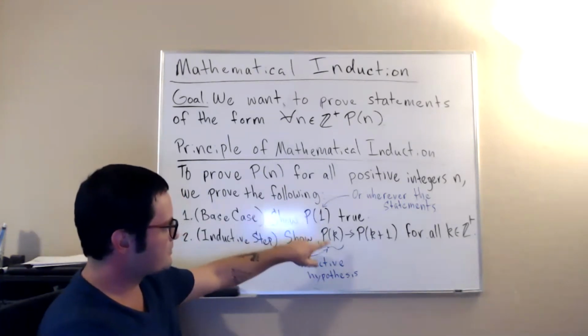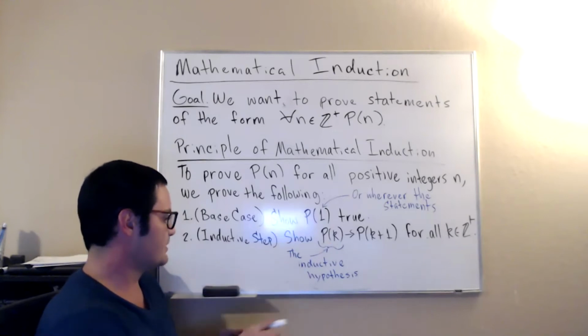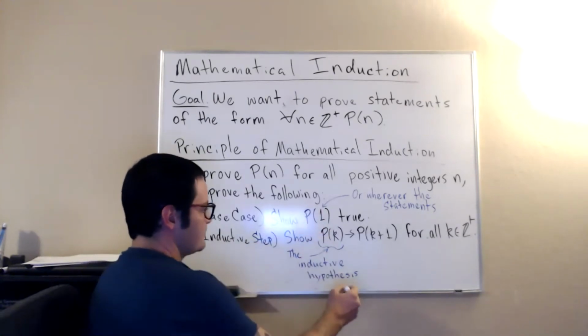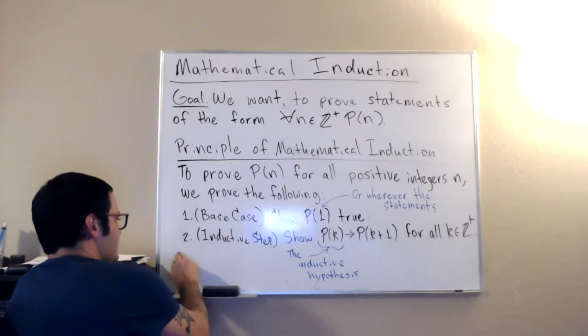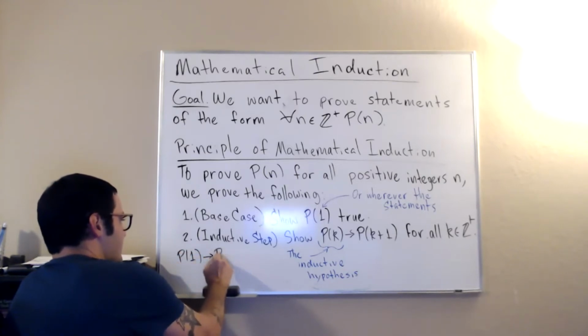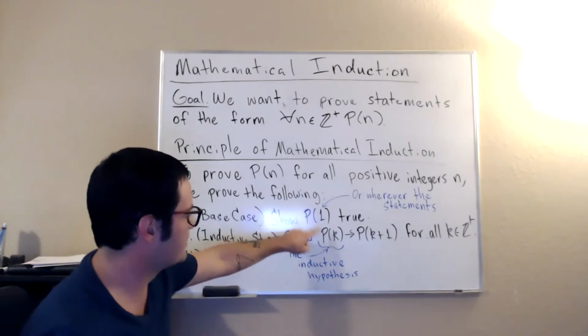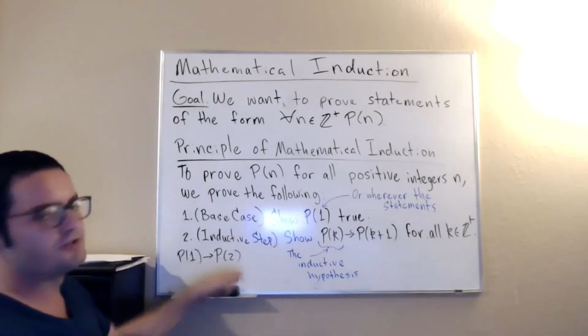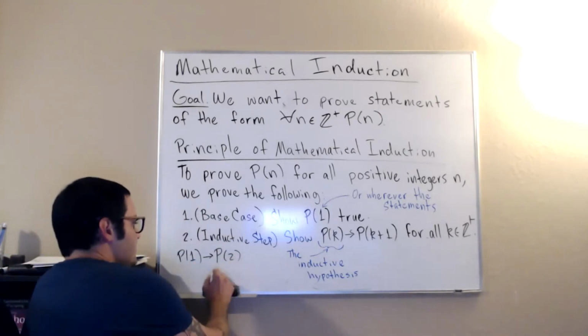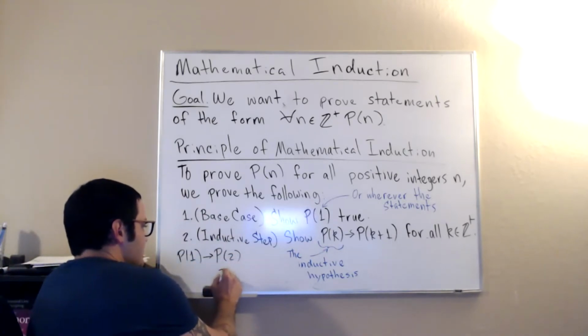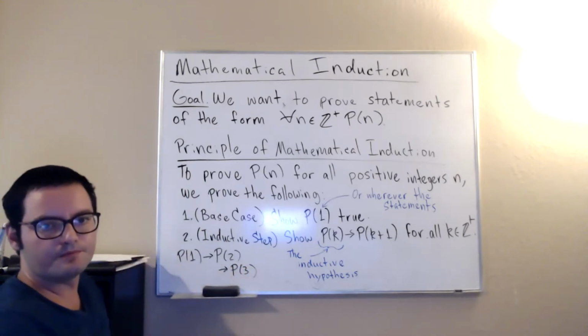Because if both of those things are true, then P of 1 implies P of 2 is true. Because if that's true and that's true, then P of 2 must also be true. But if P of 2 is true, then P of 3 is true.